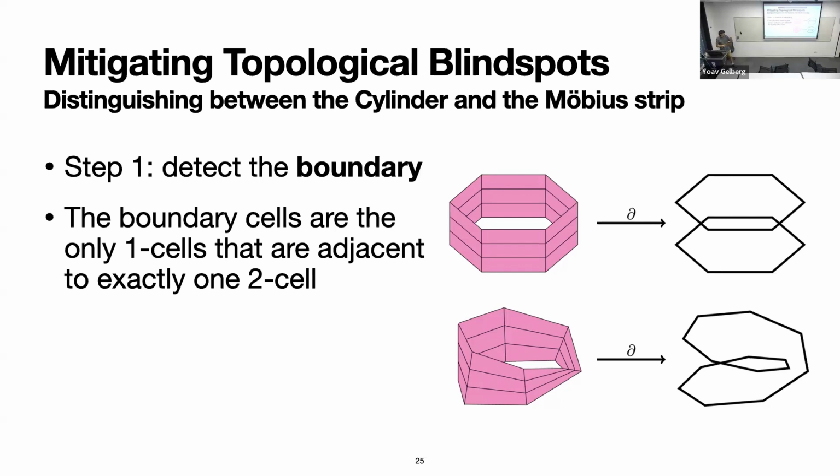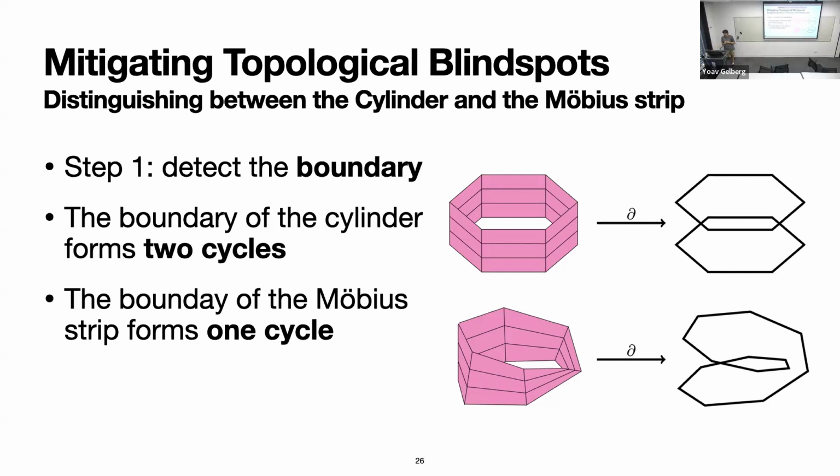These are just the 1 cells that are adjacent to exactly one 2 cell. Using that definition, it's clear that we can get it using message passing, because we can just count the number of 2 cells connected to each 1 cell via simple message passing. The second step is to notice that the boundary of the cylinder forms 2 circles, 2 cycles, and the boundary of the Mobius strip forms one winding longer cycle.